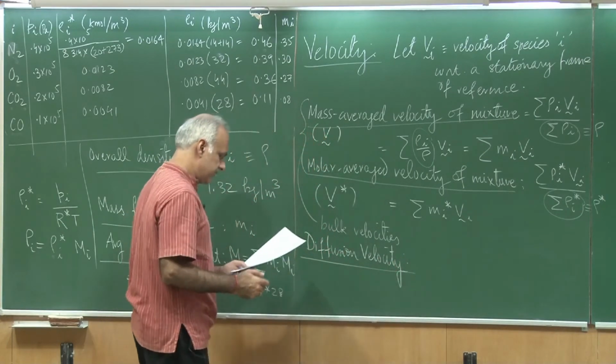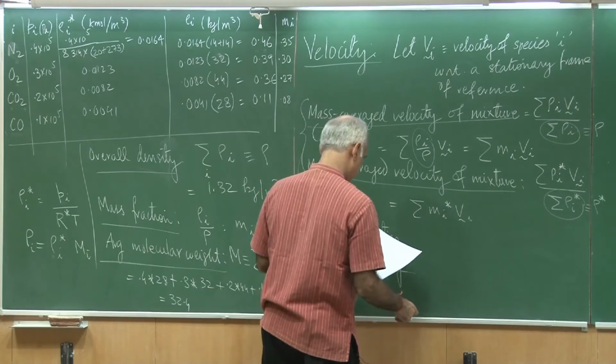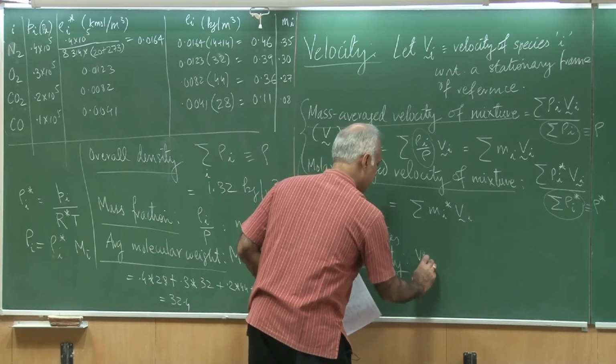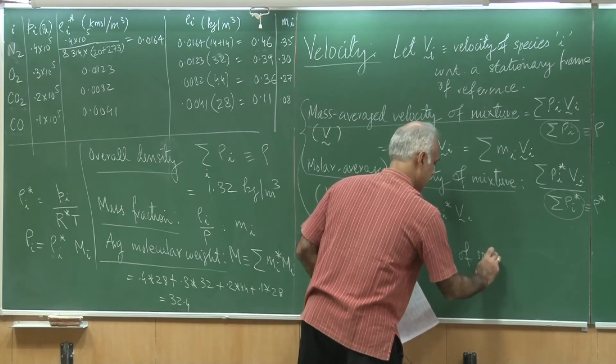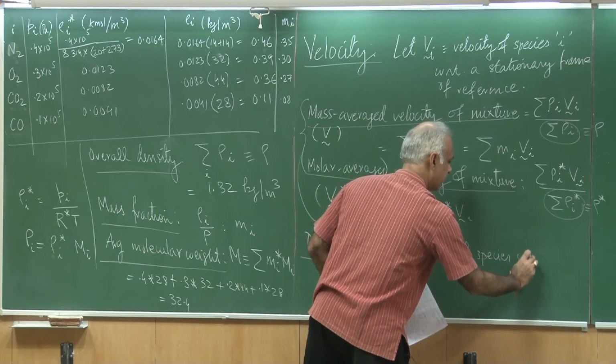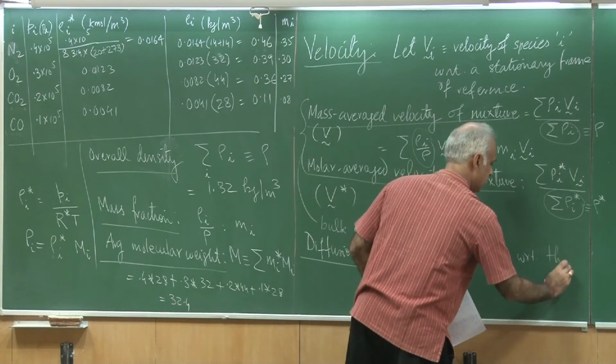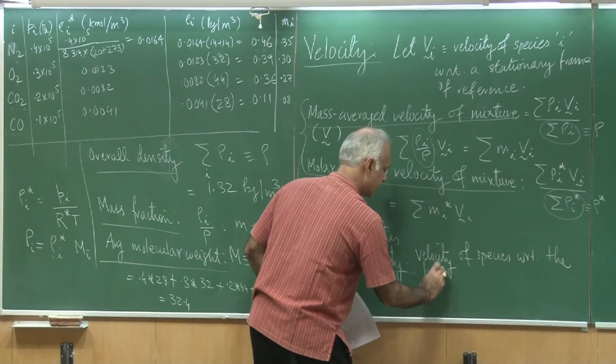The diffusion velocity is the velocity of species with respect to the bulk velocity of the mixture.